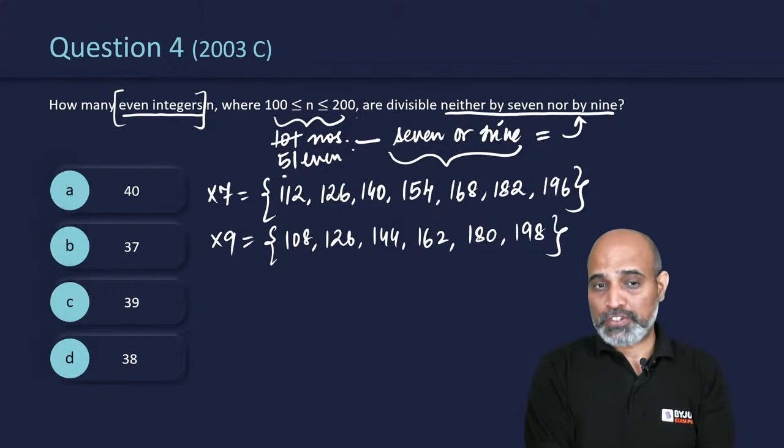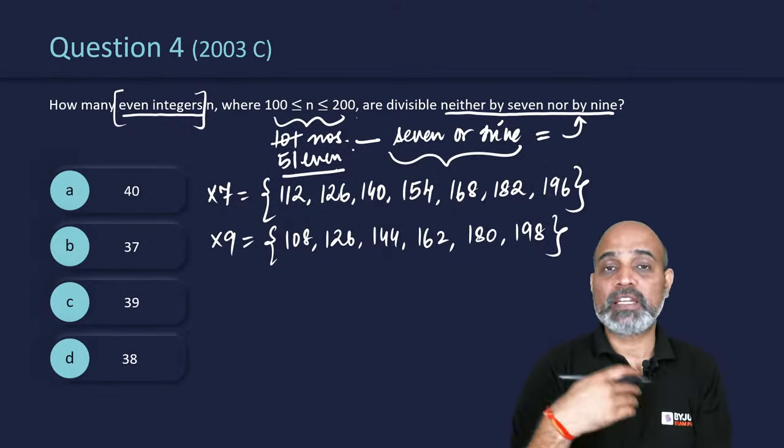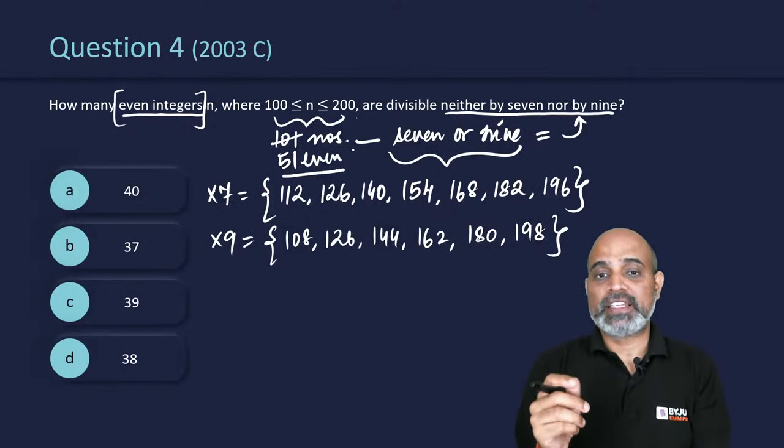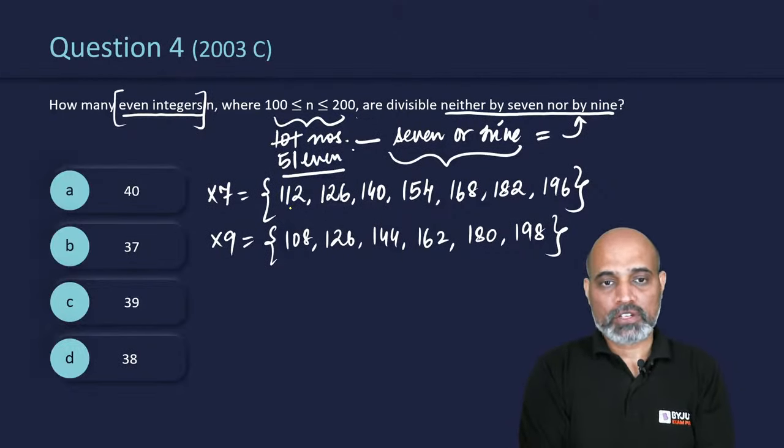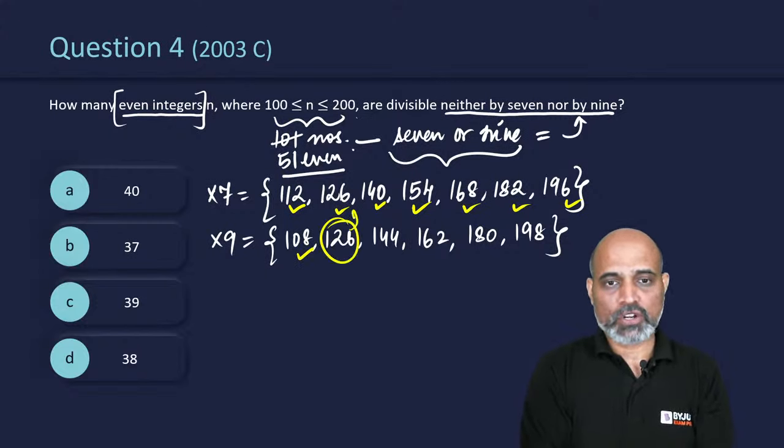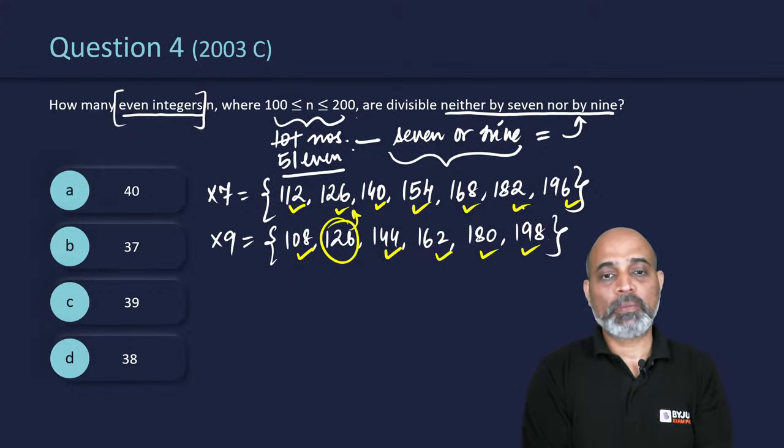So total 51 even numbers में से how many numbers do we have where they are divisible by 7 or 9? 1, 2, 3, 4, 5, 6, 7, 8. Remember 126 is already counted. 144, 162, 180, 198. How many numbers do we have here?